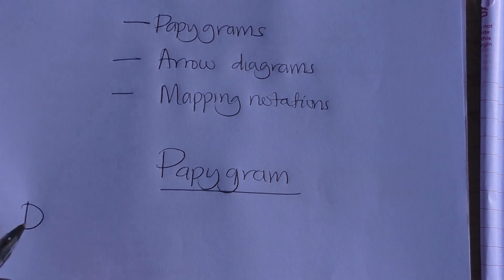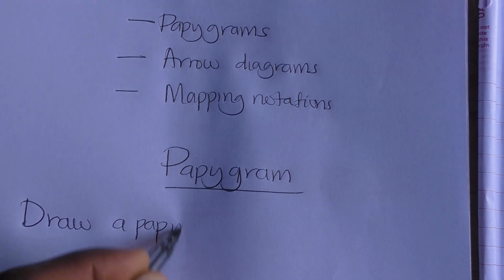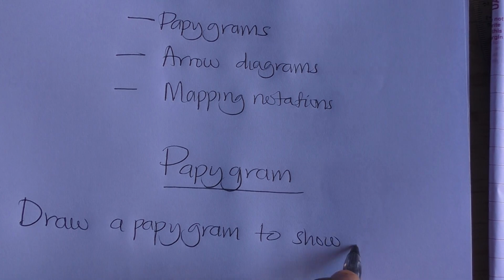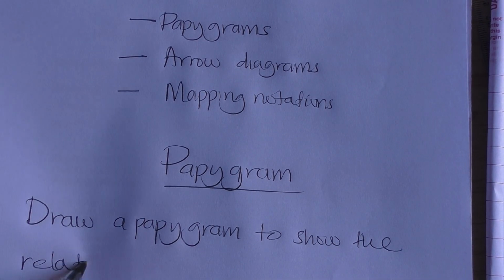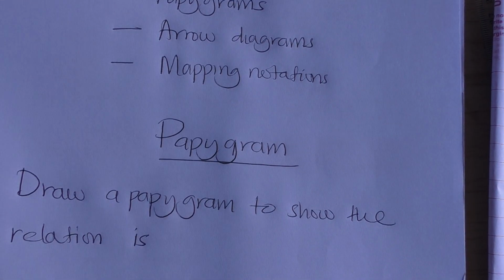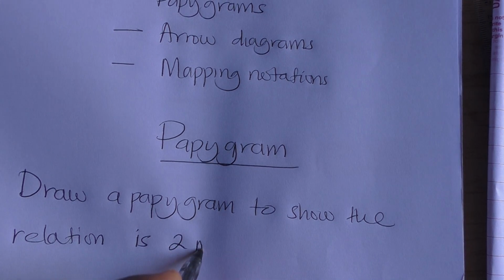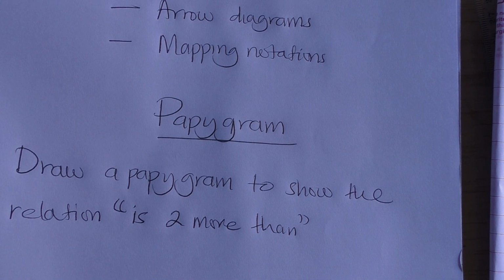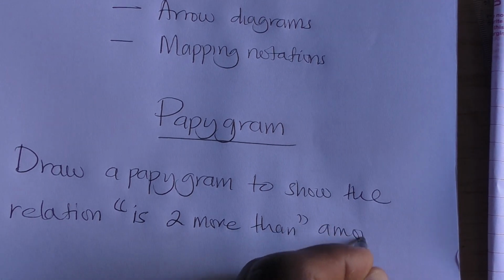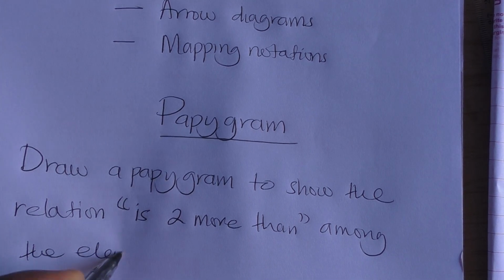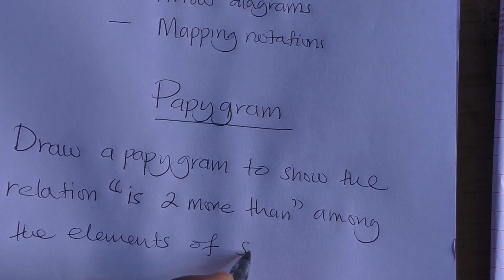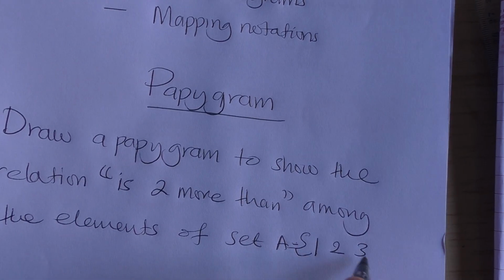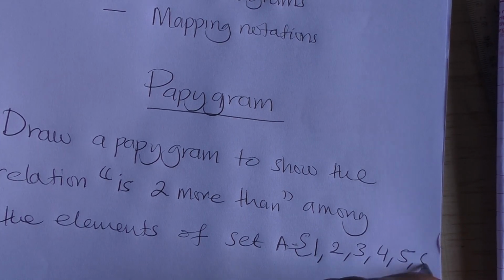We might be given a question that says, draw a parallelogram to show the relation is 2 more than among the elements of set A, which is 1, 2, 3, 4, 5, and 6.